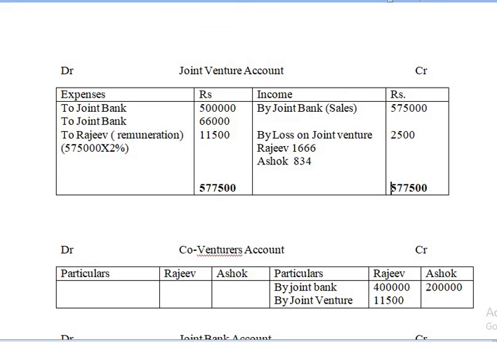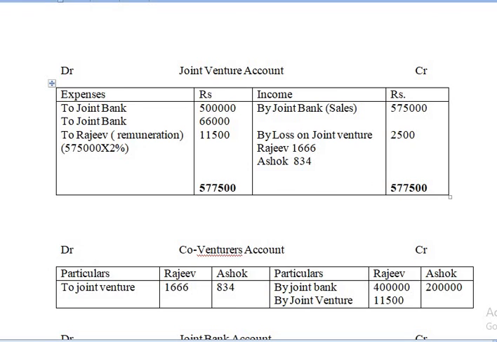So here the joint venture account is over. Now make cross posting. Here Rajiv and Ashok are credited. Make debit entry 1,666, then 834, to joint venture account.